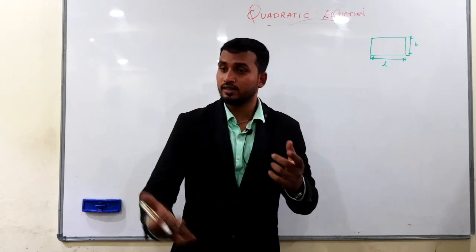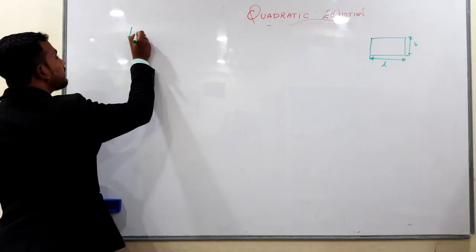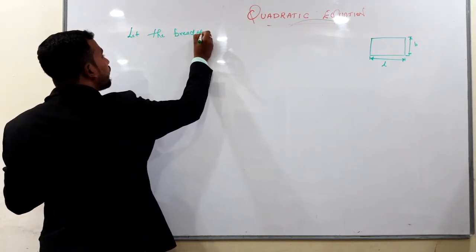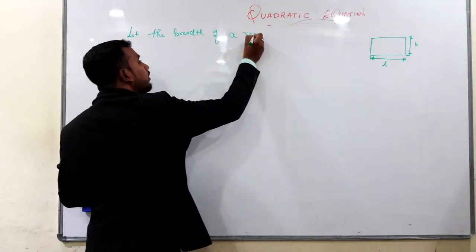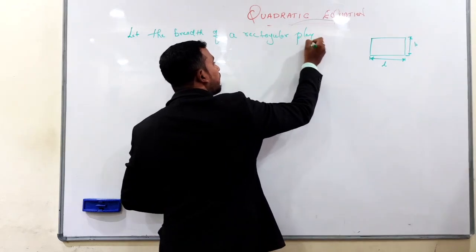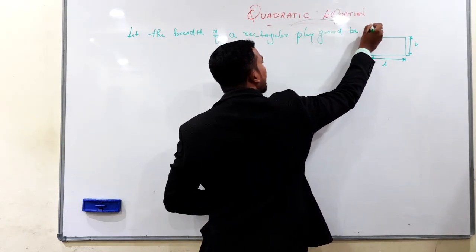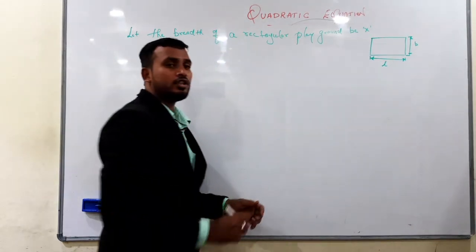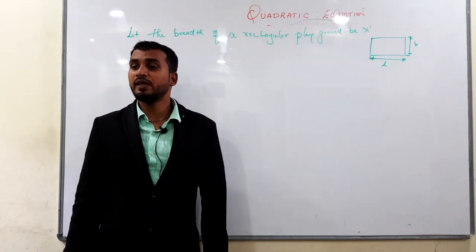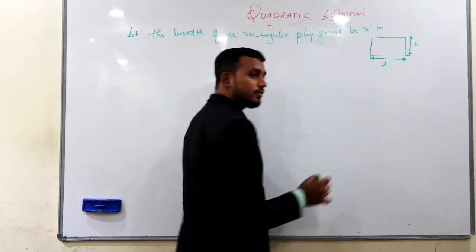More means increasing. Understood? So here we can say, let the breadth of the rectangular playground be x meters.